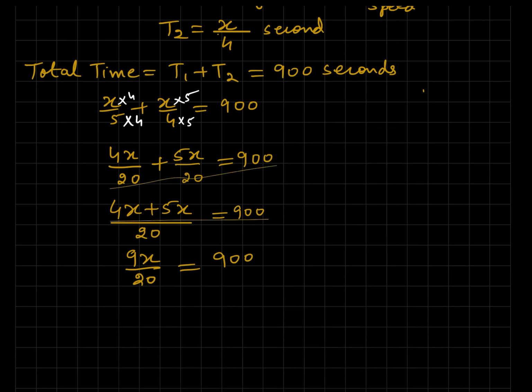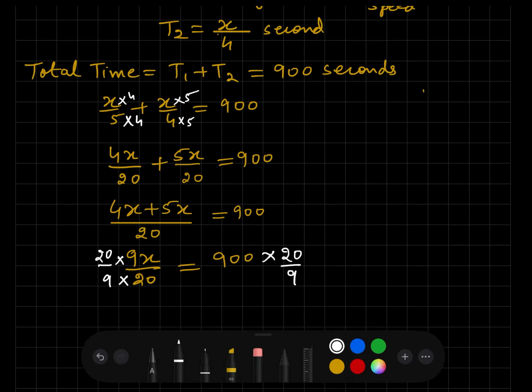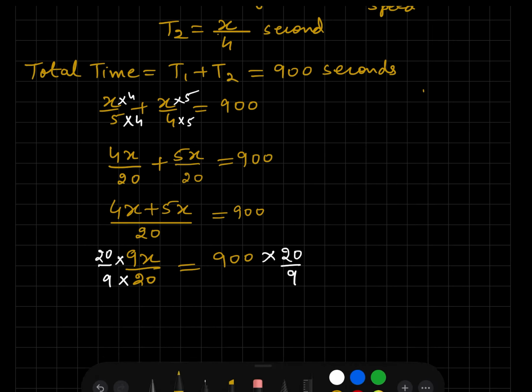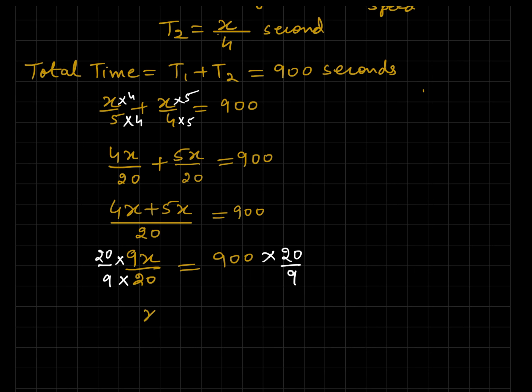Since this is multiplied by 9 and divided by 20, I can multiply here by 20 by 9, and here also do the same thing, multiply by 20 by 9. You can see on the left hand side everything would get cancelled out, only x would be left.